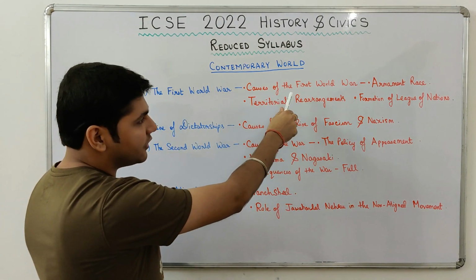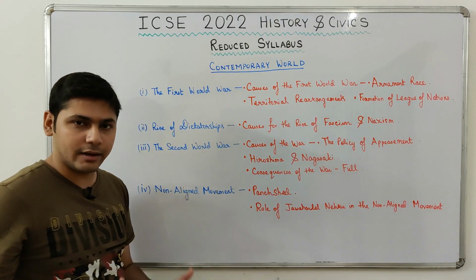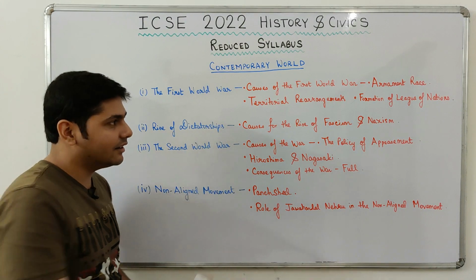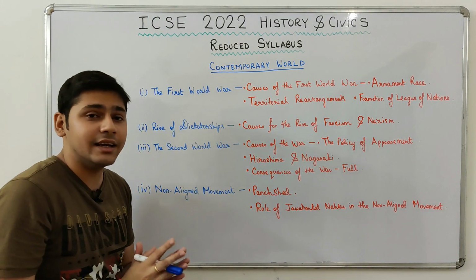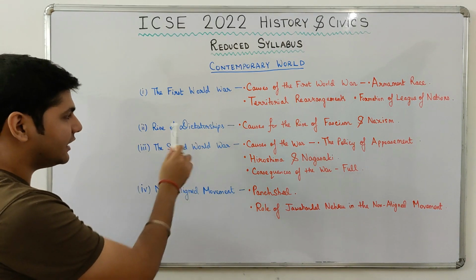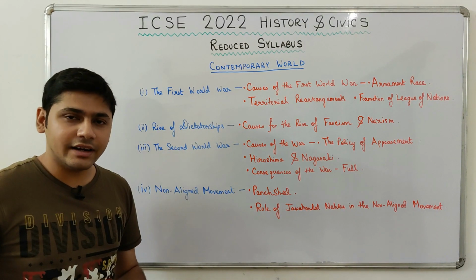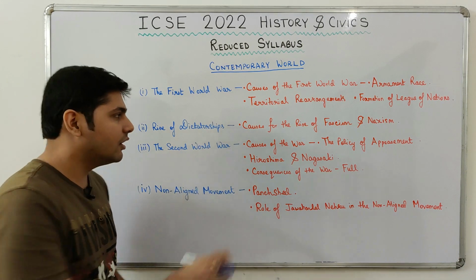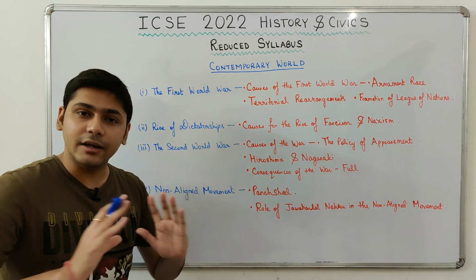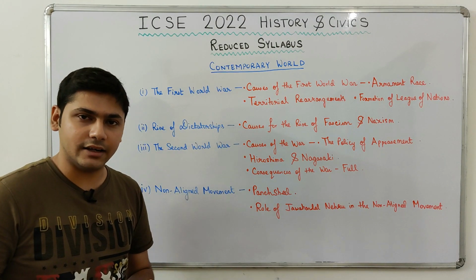From the causes of the First World War, armament race has been removed, territorial rearrangements has been removed, and the formation of League of Nations has been removed. Coming to the next chapter, which is Rise of Dictatorships. From this chapter, the entire topic of causes for the rise of fascism and Nazism has been removed. So you don't have to study that.